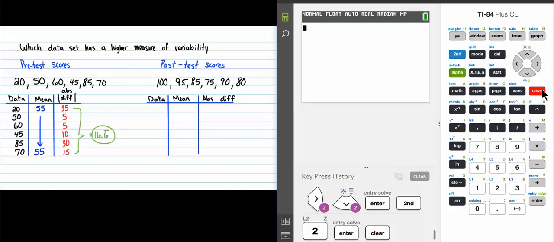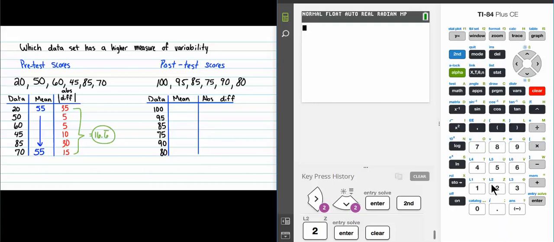And so my data's first, so 100, 95, 85, 75, 90, and 80. And what I'll do is I'll find the mean.